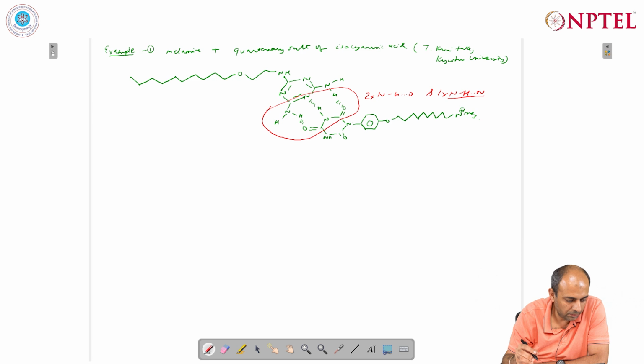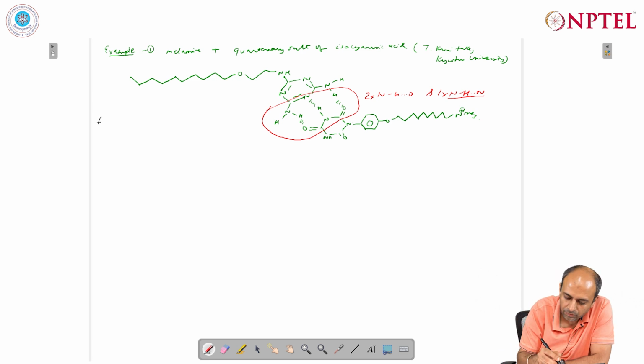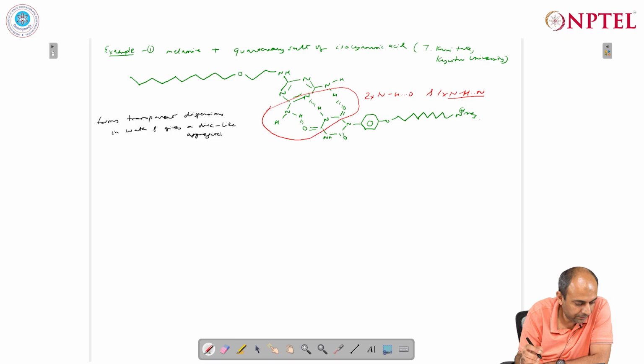So, there is this particular supramolecular amphiphile. It forms a transparent dispersion in water and gives a disc-like aggregate.